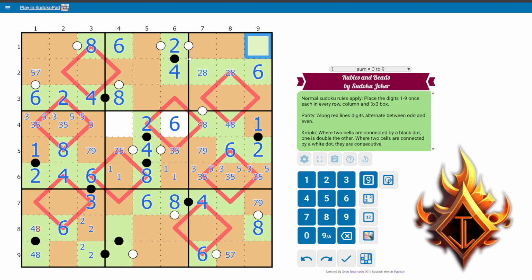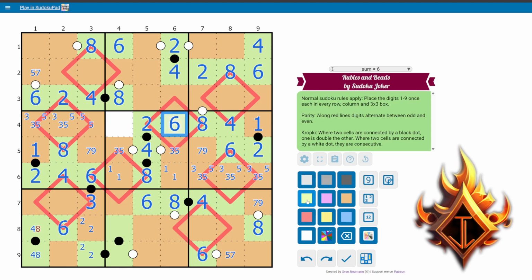I'm not pushing the right keys. 4 came there. This is now 8. This is odd. We do have all of the odds and evens sorted now. These will be a 1, 3.